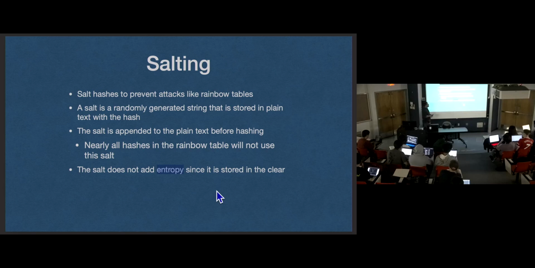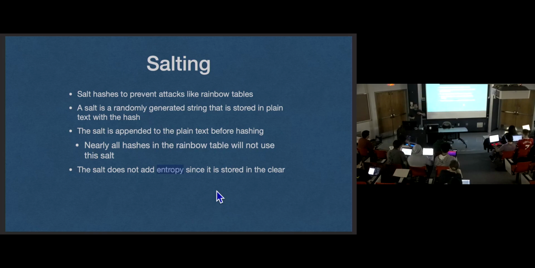Not the case. But salts do limit the effectiveness, actually destroy the effectiveness, of rainbow tables. And also when an attacker compromises a database full of hashed passwords, since they're all salted, they can only attack one password at a time because they need to know the salt for that specific hash to be able to attack that hash.